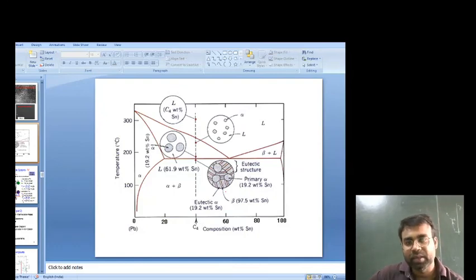And these points indicate the microstructural development of this system, which is represented over here, as you can see.